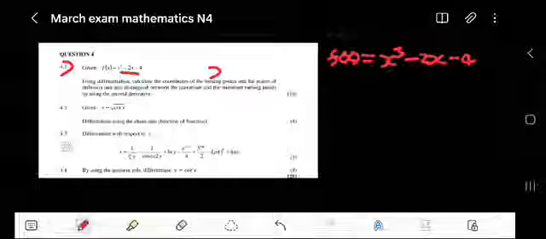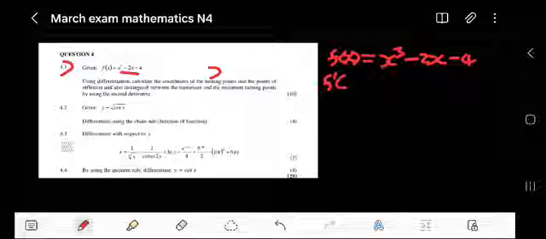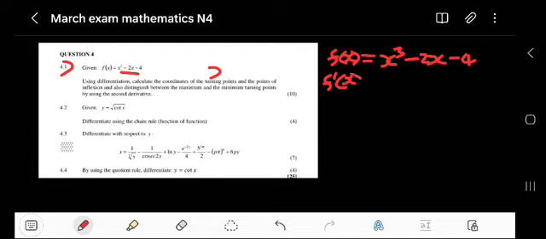So we can take f prime, the first derivative. If you take the first derivative, you drop the exponent, you'll have 3x to the power 2, squared, minus 2. Obviously f prime of x must be equal to 0.